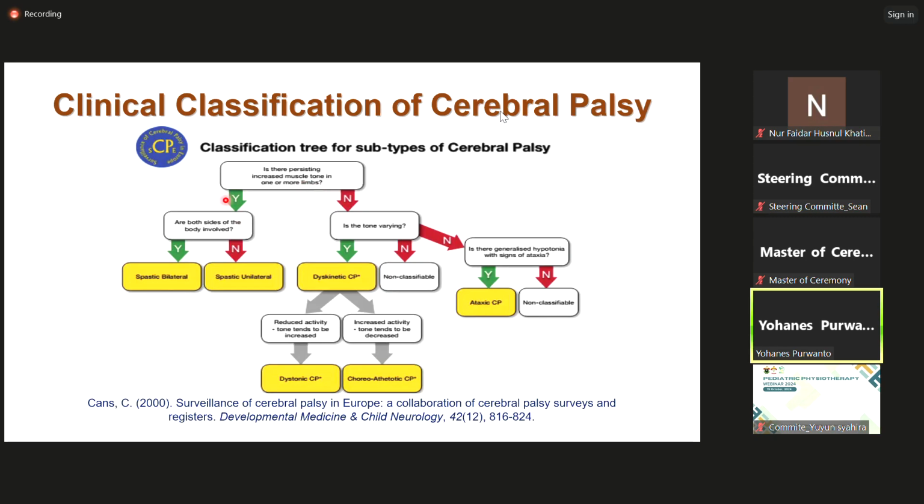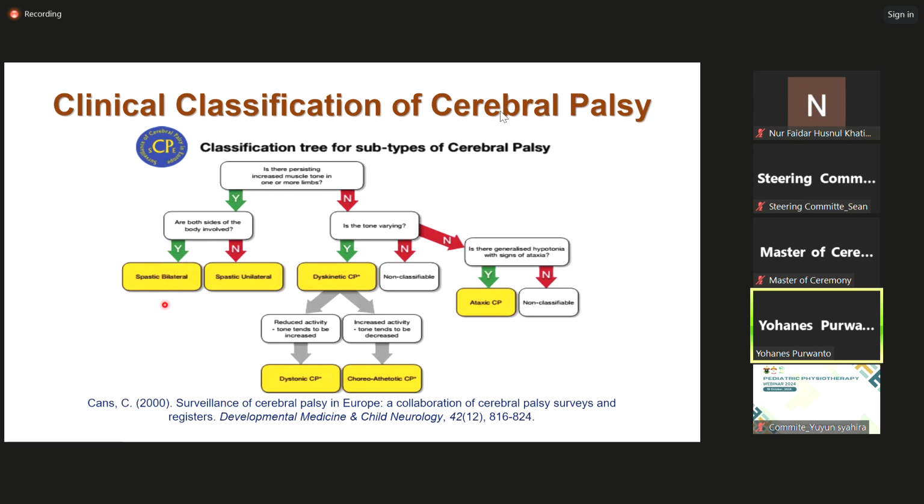If yes, is the spasticity on the left side, the right side, or both sides? If the spasticity is on both sides, it must be spastic bilateral.